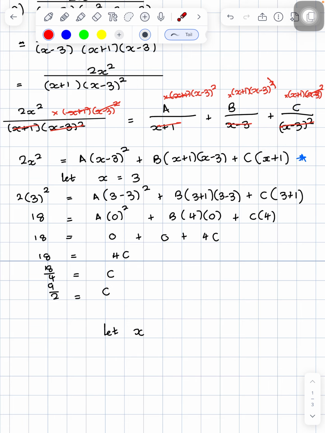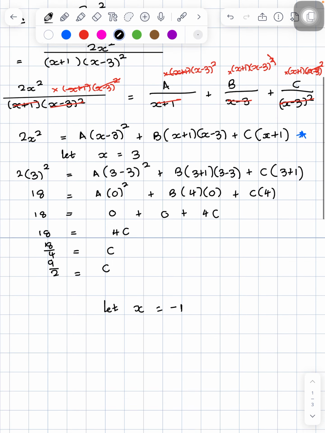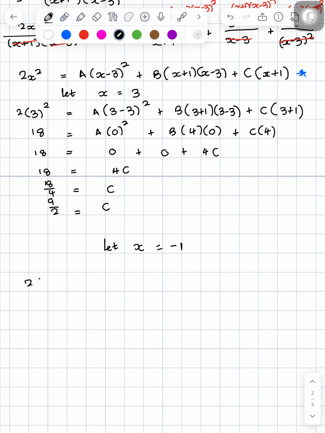So let x be equal to minus 1. So 2 open bracket minus 1 squared equal a open bracket minus 1 minus 3 squared plus b(minus 1 plus 1) plus (minus 1 minus 3) plus c(minus 1 plus 1).